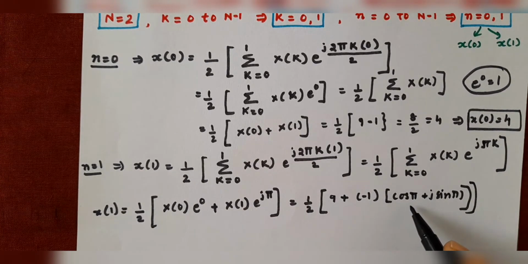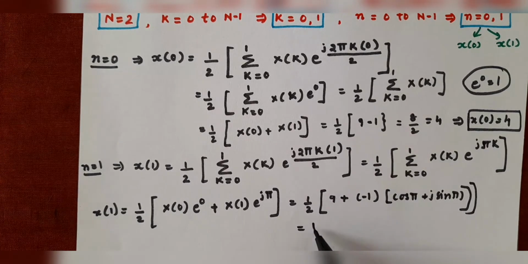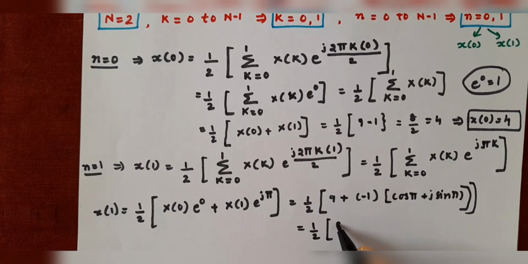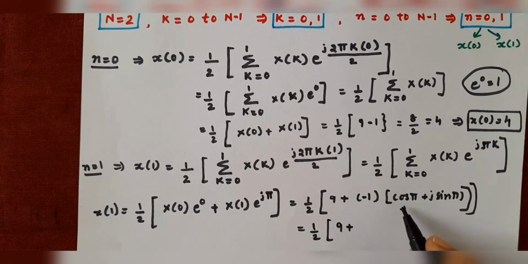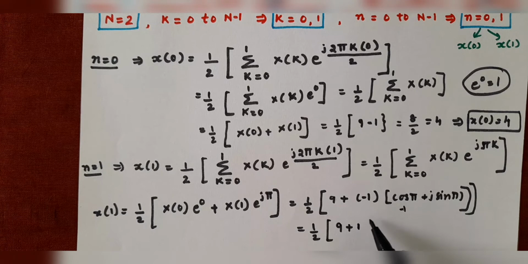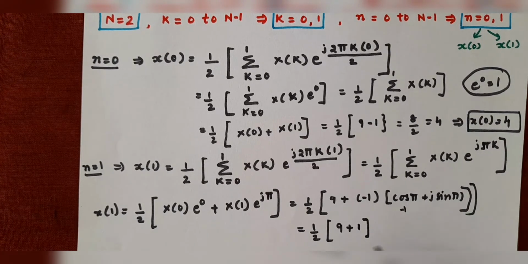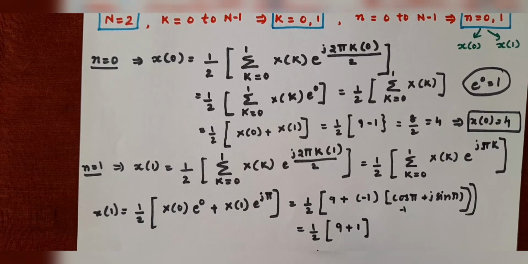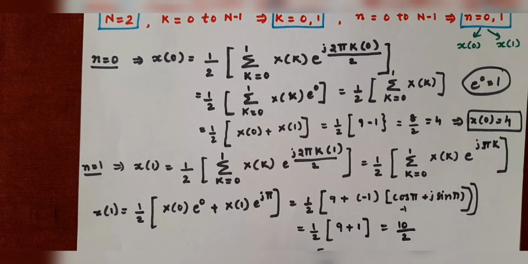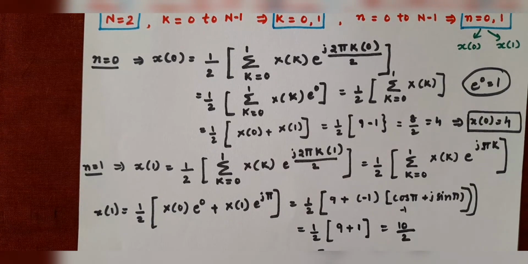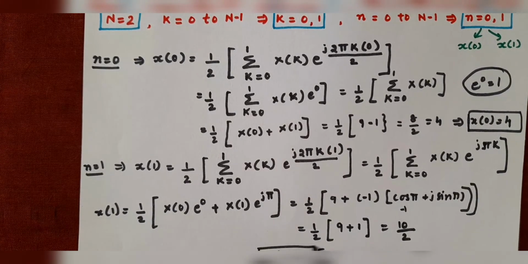What is sin pi? It is coming to be 0. So, cos pi is minus 1. So, how much will it come? 9 plus this is minus 1 and this is 0. So, it will be 10 by 2, that is coming to be 5. So, x of 1 is coming to be 5.